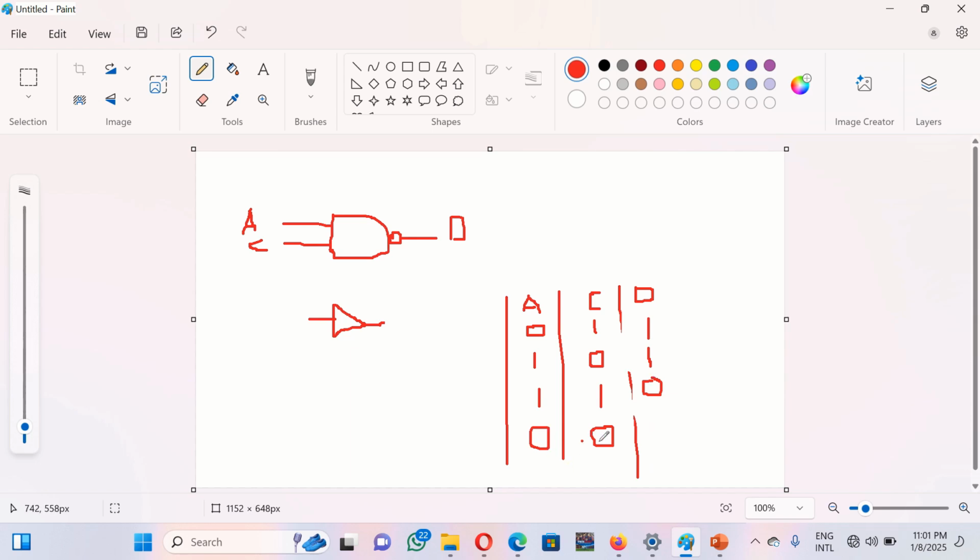Then we have 0 0, which is supposed to be 0 for the AND gate, but the NOT gate attached will convert the 0 to 1. Then we are done with the truth table for the NAND gate.